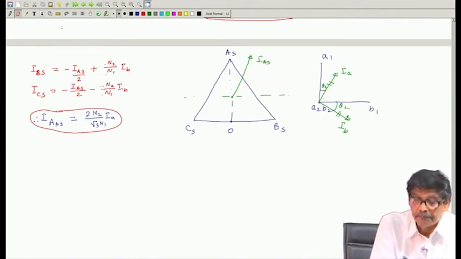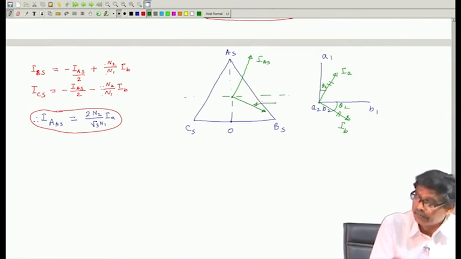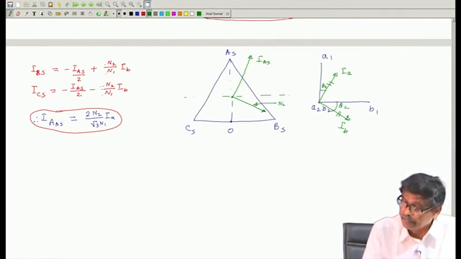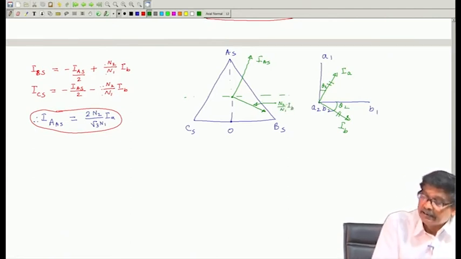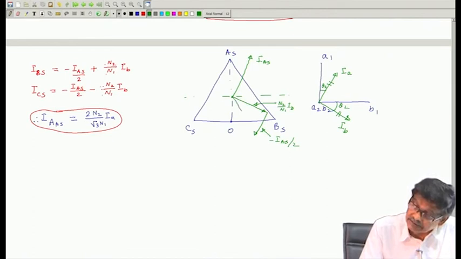So, it will be here, this is equal to this part N2 by N1 into IB. To this I have to add minus IAS by 2, this is IAS. So, to this you add minus IAS by 2, and then you will get IBS.